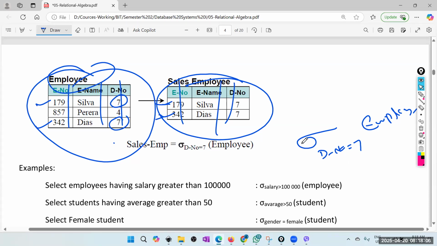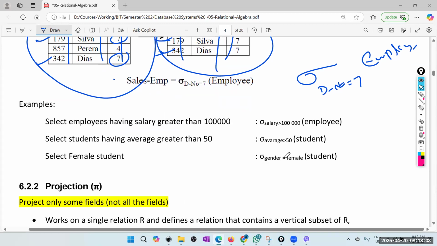Right? So that condition can be equal, not equal, greater than, greater than or equal, less than or equal, or any other combination, like this condition and that condition. In relational algebra, this condition is Boolean, true or false.